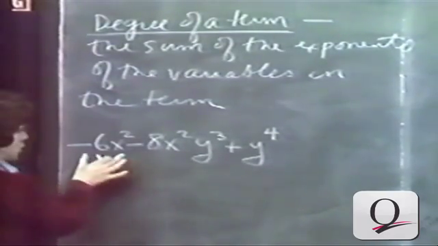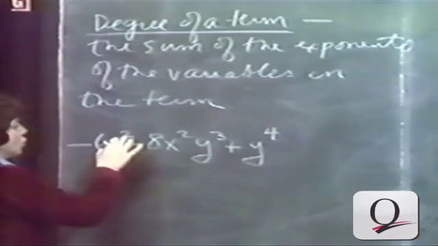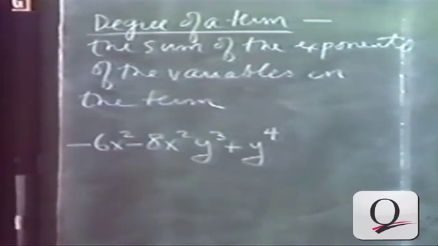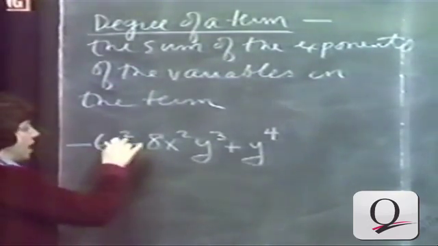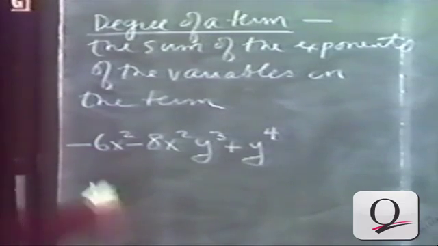The first term has therefore degree 2. There's only one variable in that term, x, and it has the power 2, the exponent 2.